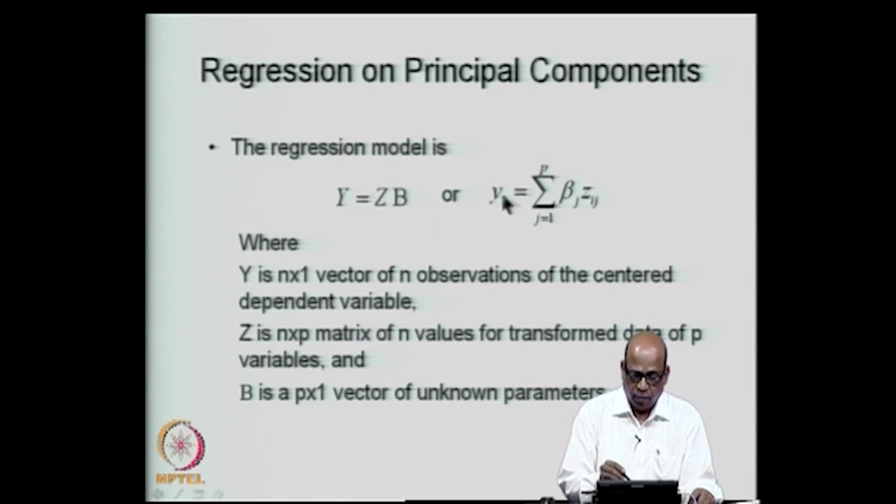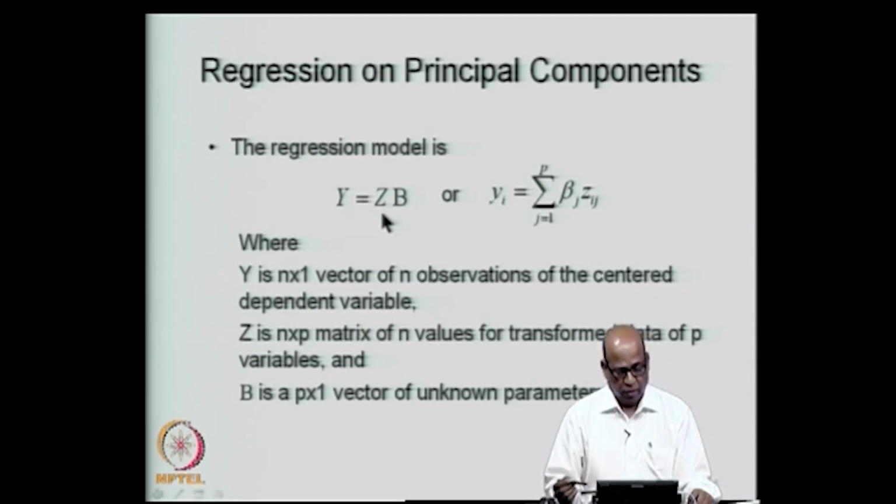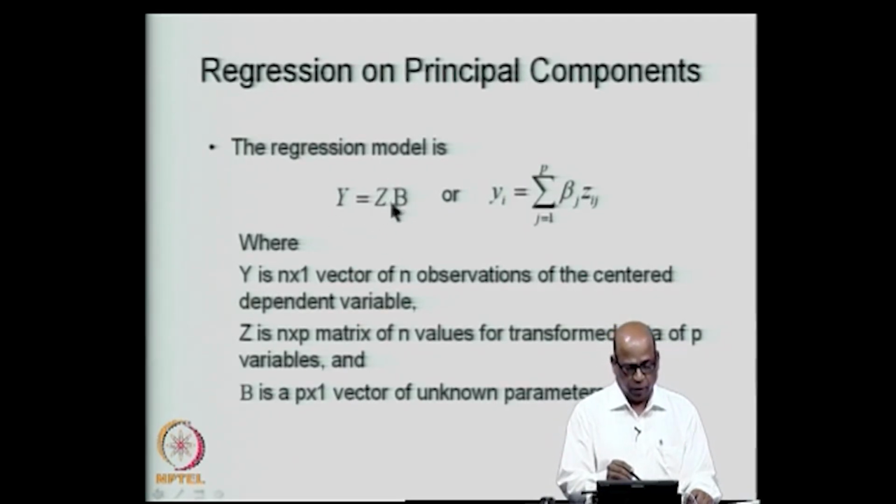Now, in the scalar form it is written as y i is equal to summation j equal to 1 to p beta j z i j. This is a scalar form of this matrix form. So, essentially we solve this now and then obtain beta. Z is known, y is the observed values of the dependent variable, and therefore, we can obtain B, the matrix B.